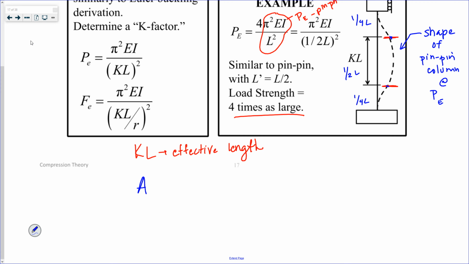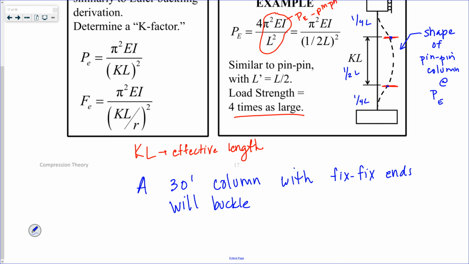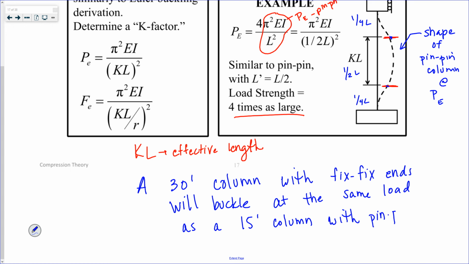A 30-foot column with fixed ends will buckle at the same load as a 15-foot column with pin ends.